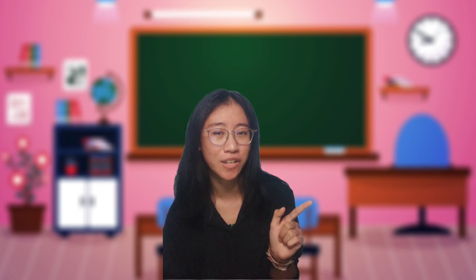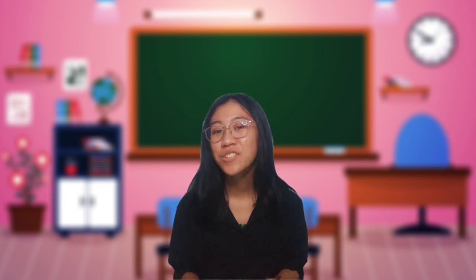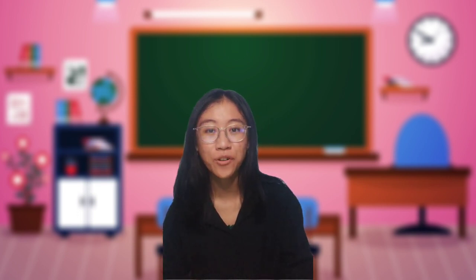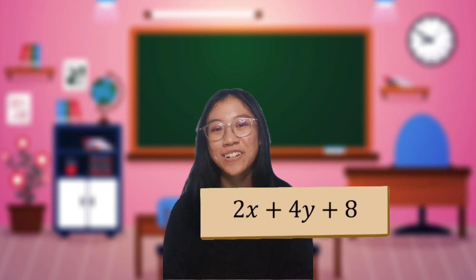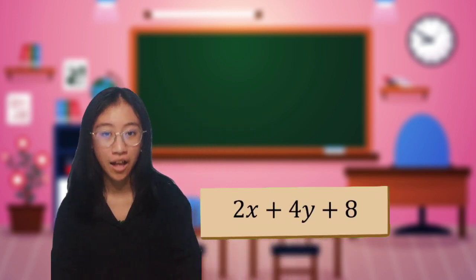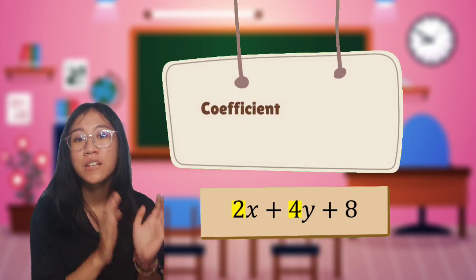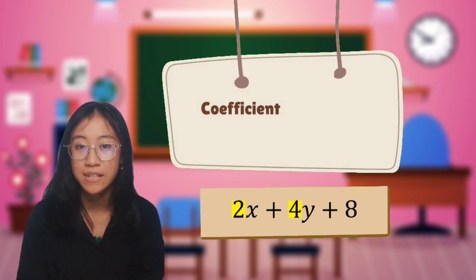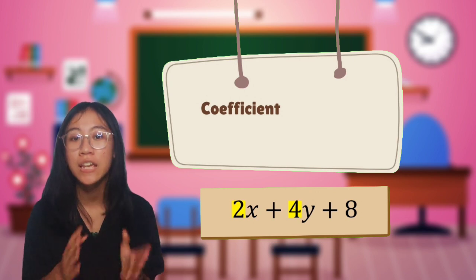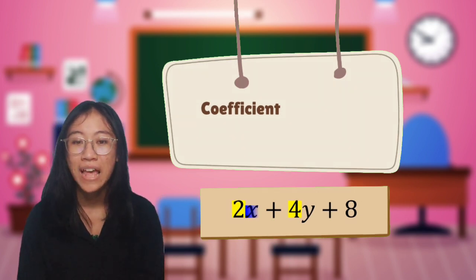Who knows and understands what this letter is talking about? Let's do a review of some very important vocabulary terms when we are talking about algebra. Coefficient is a number that describes the number of similar variables. This coefficient is located in front of the variable.